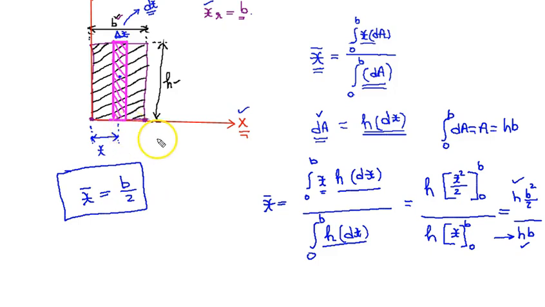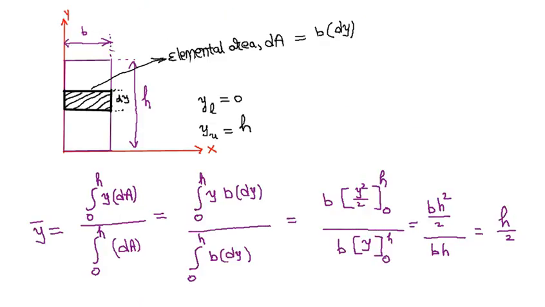Let us quickly try to write what is y bar and wind up this lesson. To find the y coordinate of the centroid of the rectangle, the same rectangle is shown over here, bounded by the 4 points, and the x and y axes we have taken just as we have done in the previous case, and identify the element which is perpendicular to the y-axis.